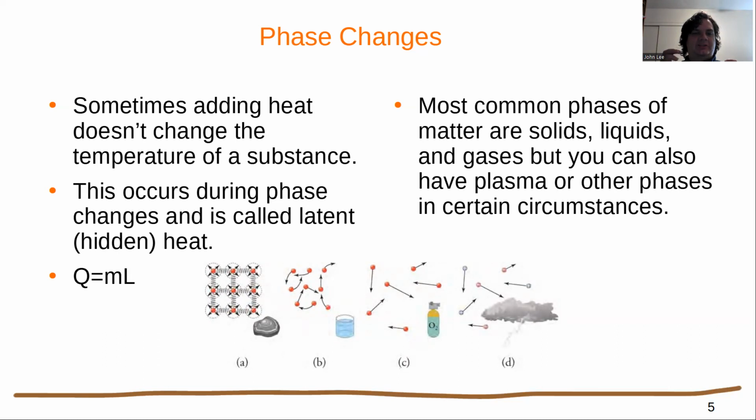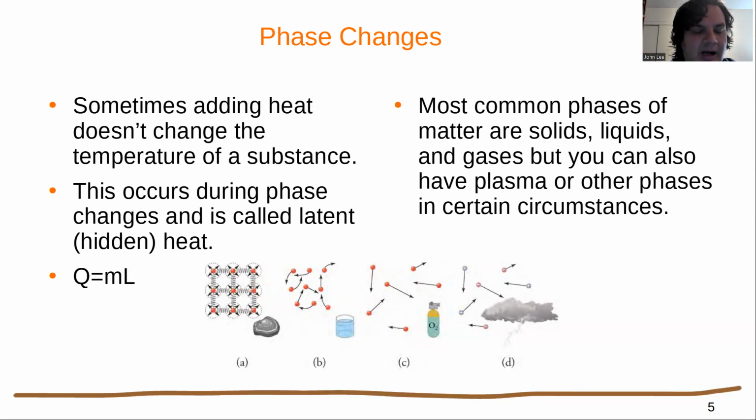So they can change their shape and fit into whatever container you put them in, which is something that solids can't do, but they cannot change the volume. They cannot change how much space is taken up by the material.